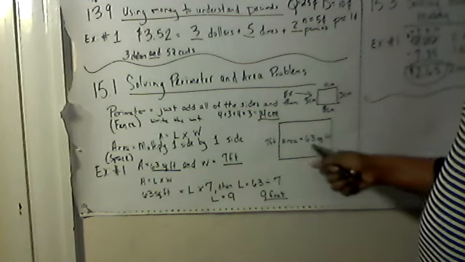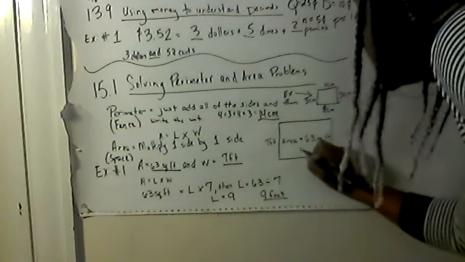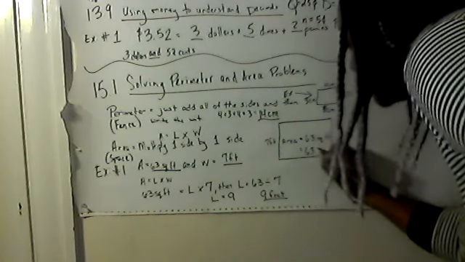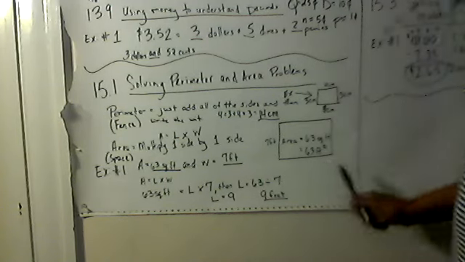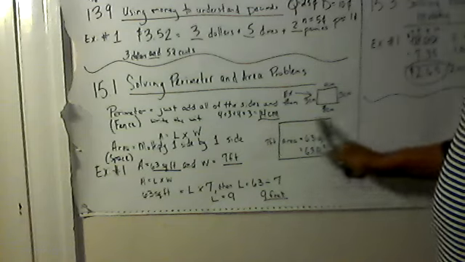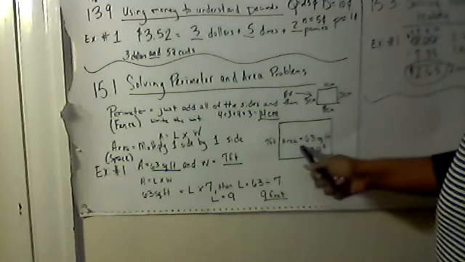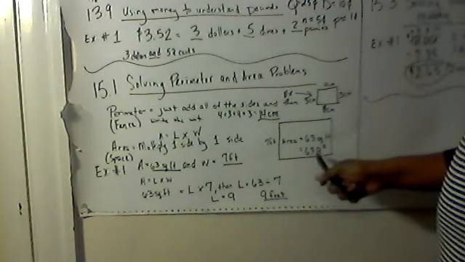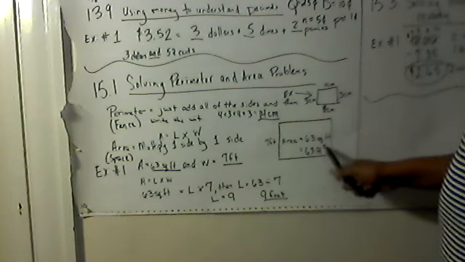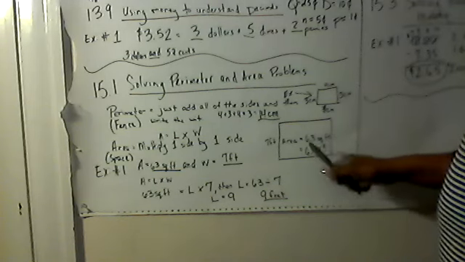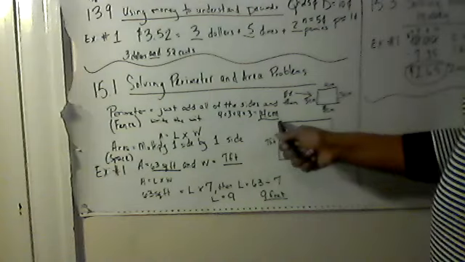So you could read this as 63 square feet, or we could have also seen it as 63 feet squared with a little 2 exponent here. So you can see it either way, but either way, as long as you know that when you do area, you have to have the number, the unit, and you have to have square. This tells me that this is an area as opposed to perimeter.